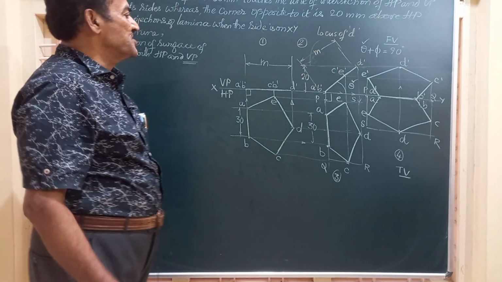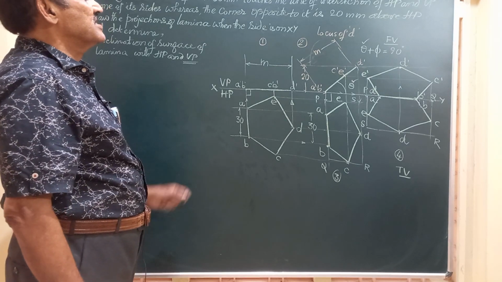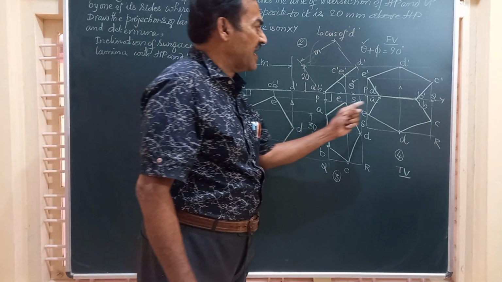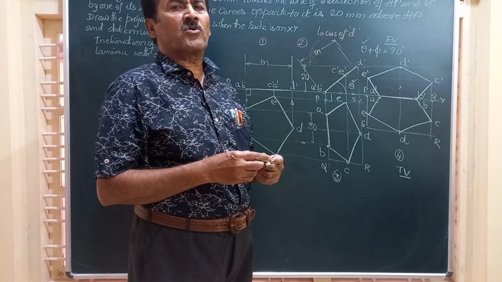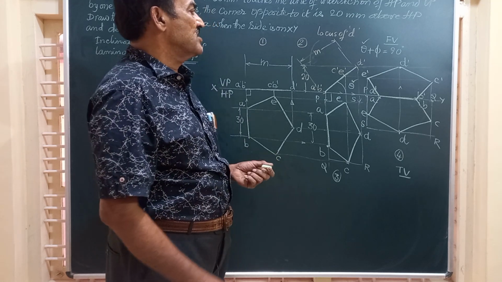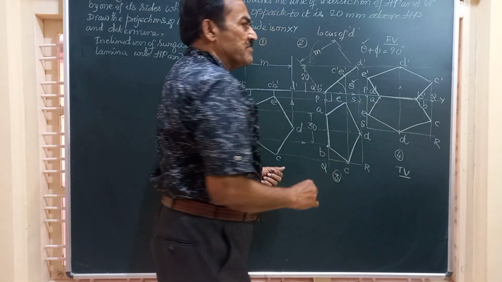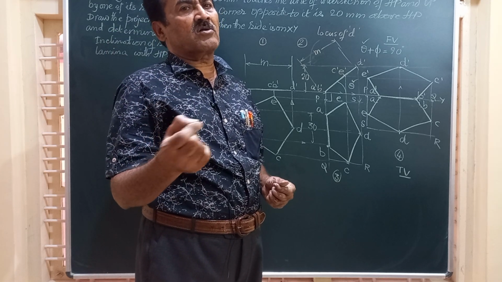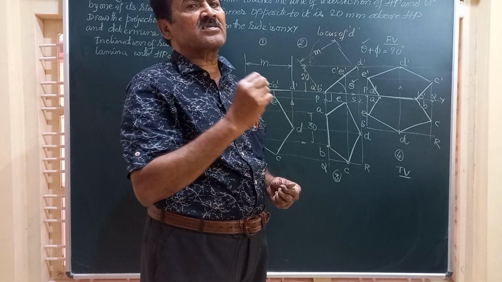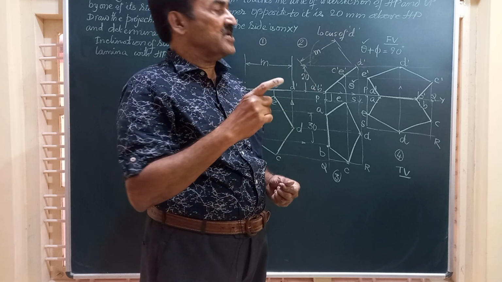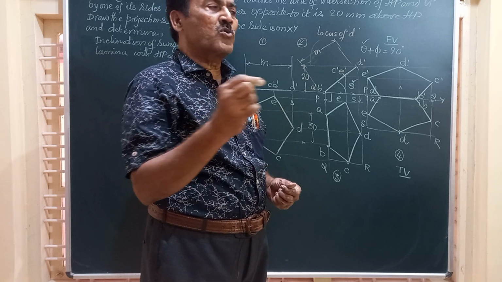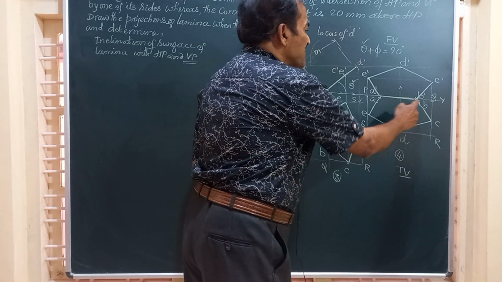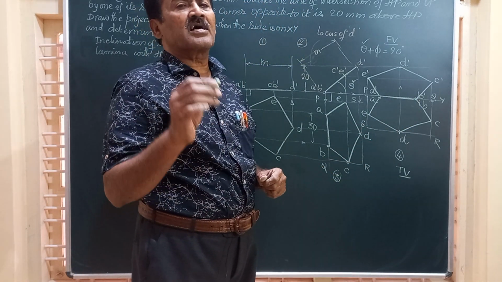And friends, this is how we have completed the projections of this pentagonal lamina, and finally you can have a check whether the solution you have got is right or wrong. Friends, one of the sides of the lamina is touching XY. So we have seen in the projection of points and also in lines. Whenever a line is on HP, that is on XY, you will see both the front and top views on XY only on the same line. You have this edge AB resting on XY.